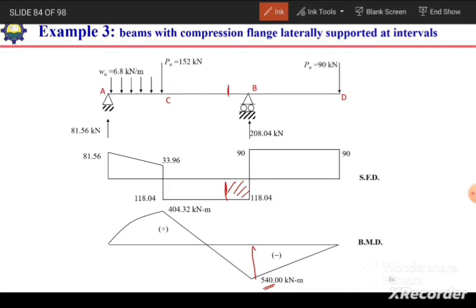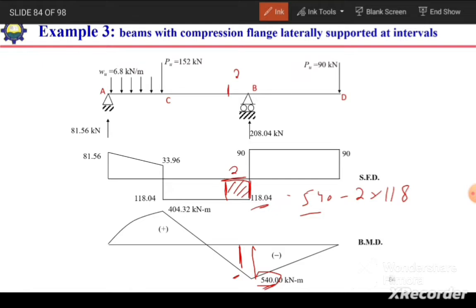For example, if we want to calculate the bending moment at a distance of 2 meters, the bending moment will be 540 minus 2 times this 118.04. This 2 times this is the area, so by subtracting the area from this 540, we can get the moment value at this location.